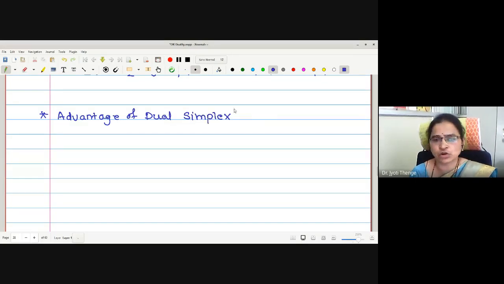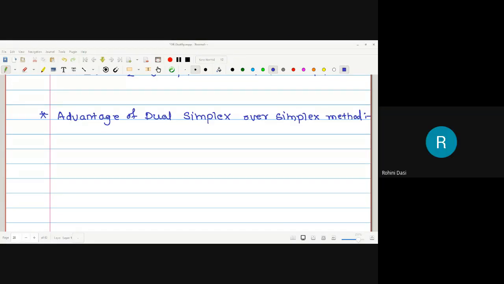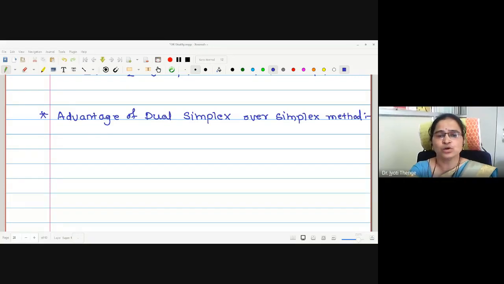Which methods have we used to solve problems with greater equal constraints? Two methods we have studied, no? Big M and two-phase method.